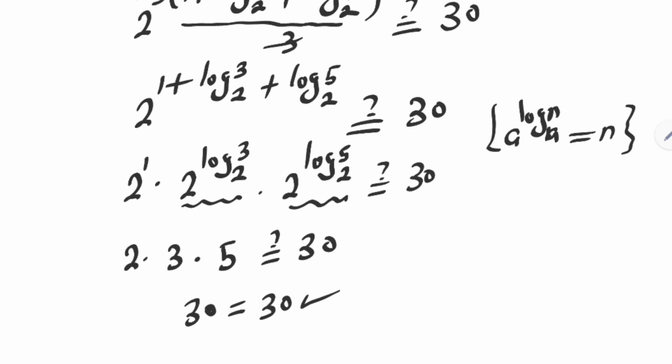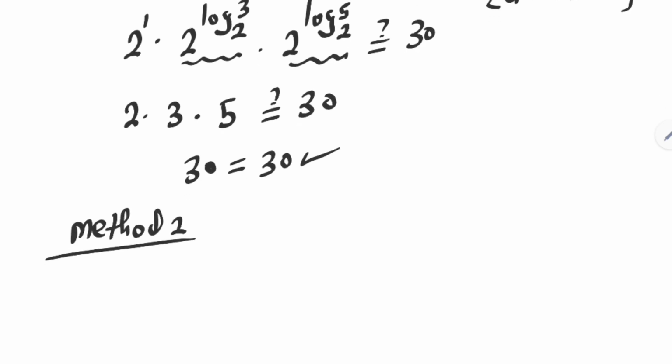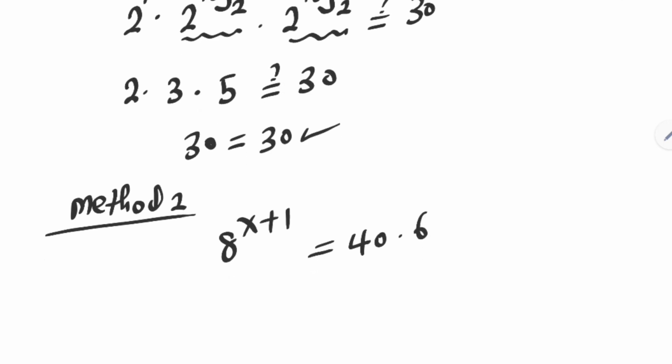Now let us solve this problem using another method called the method of natural logarithm. We have the given equation 8 raised to power x plus 1 is equal to 40 multiplied by 6.